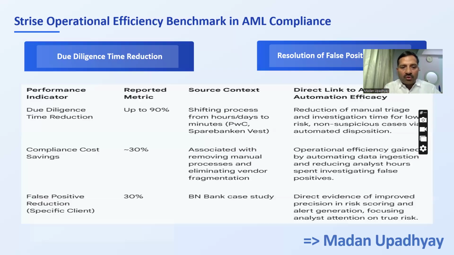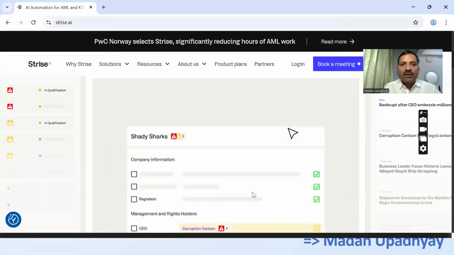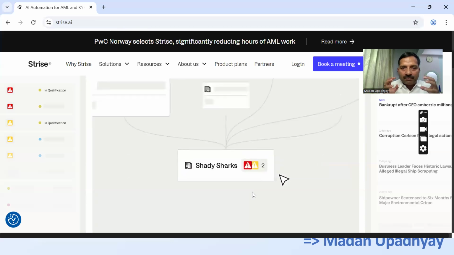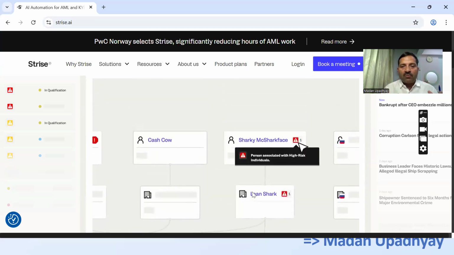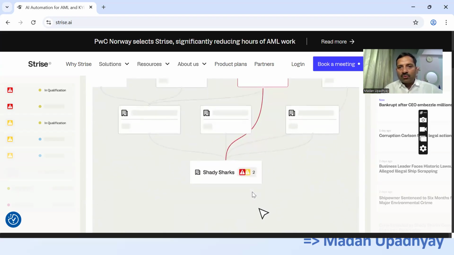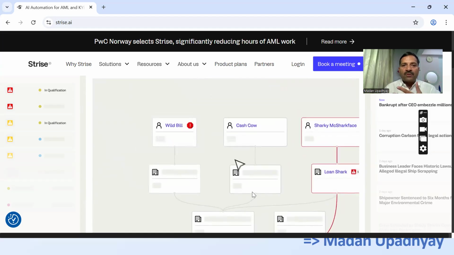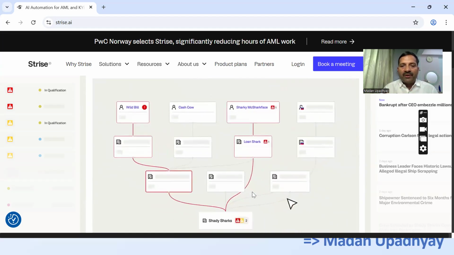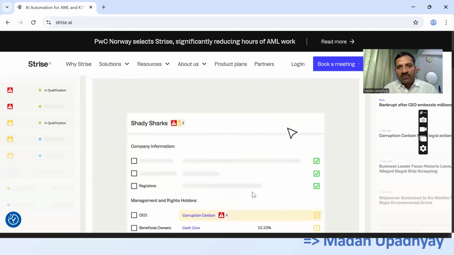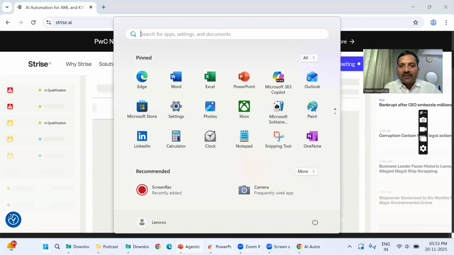Just to show you how it works on their website: during employee onboarding or customer onboarding, you simply put in the name and the details. It will scan through the whole registry and their media reports, and then figure it out. It will give you details on whether the customer is a vicious customer, a risky customer. That helps the analyst build the profile and quickly create the risk scores.